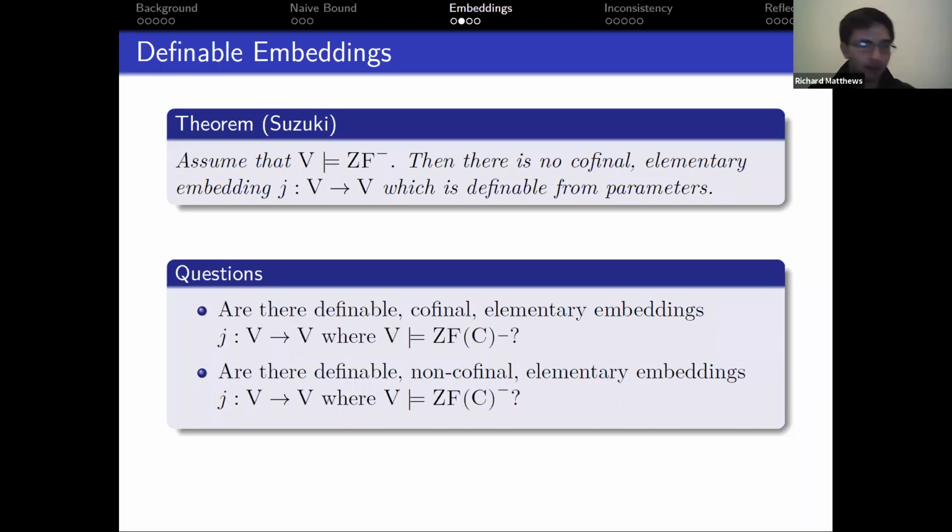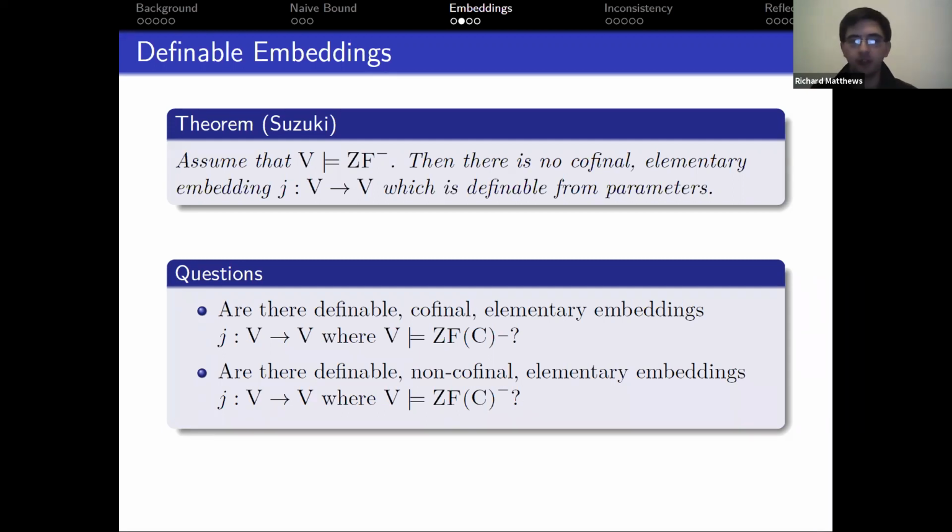The first one is: are there definable cofinal elementary embeddings if I only have replacement? You would need a completely different formulation, because you can prove that there are Sigma_1 elementary embeddings which aren't Sigma_2 elementary in this theory. So it's not clear what you would do. You can also ask, what if I drop the cofinality assumption?